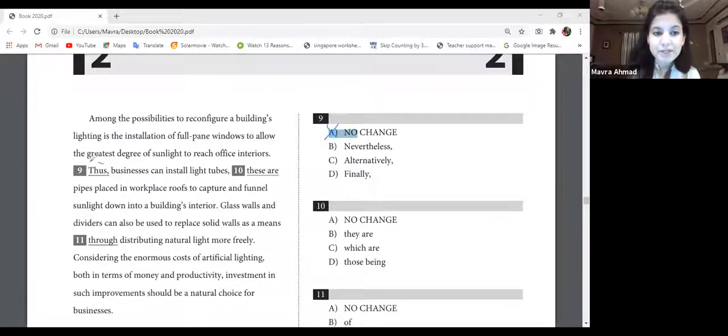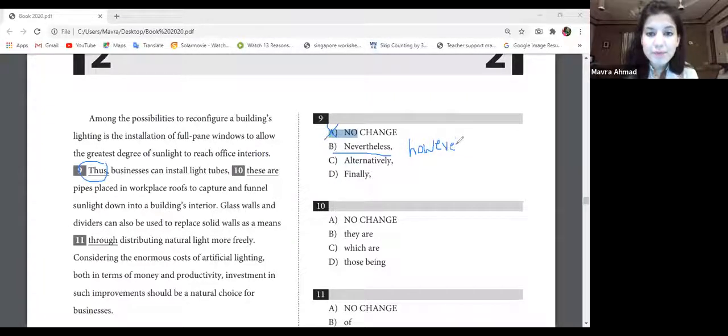We definitely need to change the word thus, right? So let's choose the most appropriate transition word. Nevertheless. Nevertheless is a transition word that means however. अब however जो है वो एक ऐसा ट्रांजिशन वर्ड है जिसकी यहाँ पर कोई सेंस नहीं बन रही है.